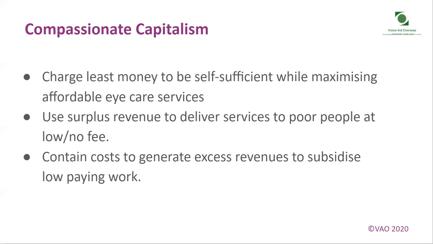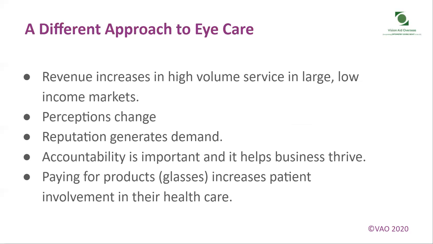Overall, we want to be pricing our services and products so that they are affordable to the targeted markets by developing a social, marketing-based community vision centre service and outreach.